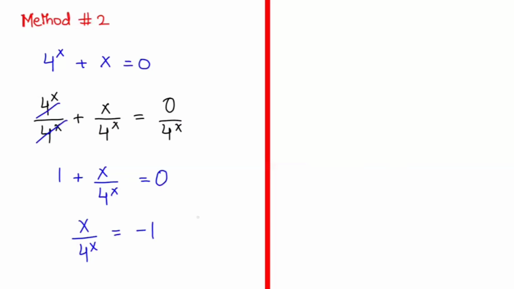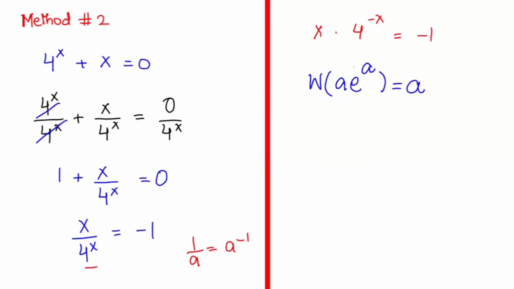Now I will use the exponential rule. So this turns to x times 4 to the power of negative x is equal to negative 1. Now from here, I will use the Lambert W function, that is W of A e to the power of A is equal to A. Now I want to change this expression into this form.